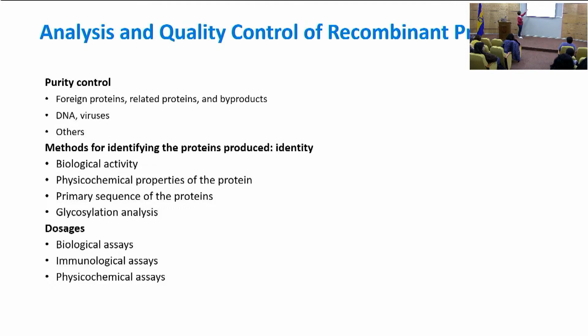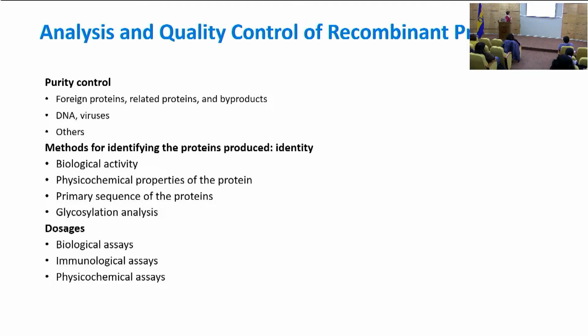You also have related proteins, which can be detrimental if they are truncated or form small aggregates. We also have the remnant DNA, the recombinant DNA, and also viruses, if we use a viral vector to produce them in the mammalian cell, or sometimes a contamination by another virus.